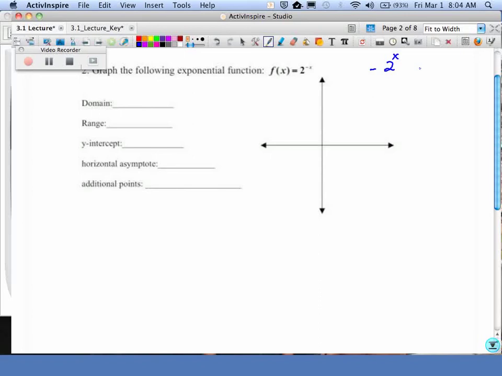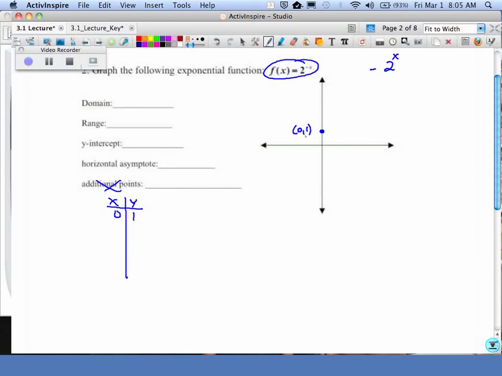And you can make your XY table again. When you plug in 0, what do you get? Is there such a thing as negative 0? Well, negative 1 times 0 is still 0. So it's 2 to the 0 and you get 1. So it still hits at 0, 1.